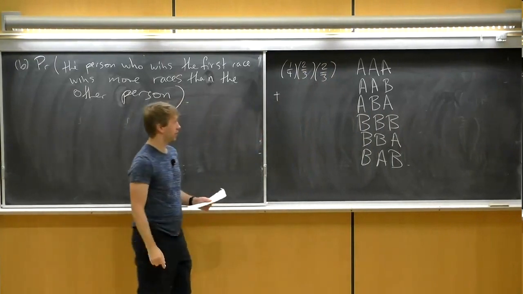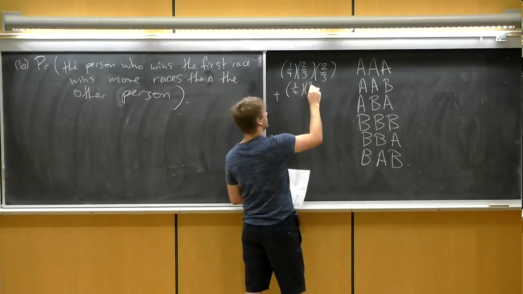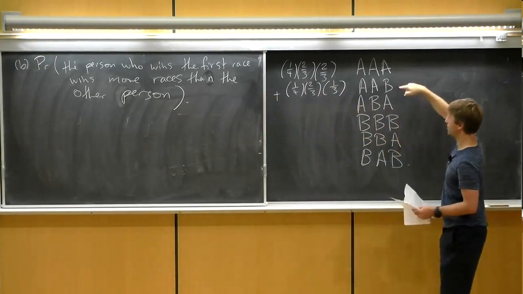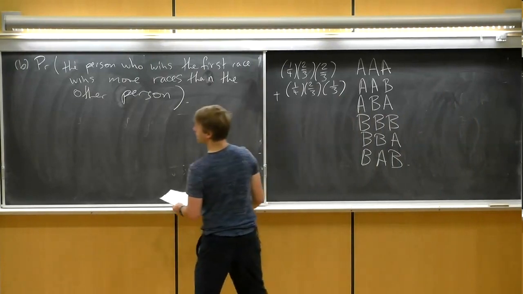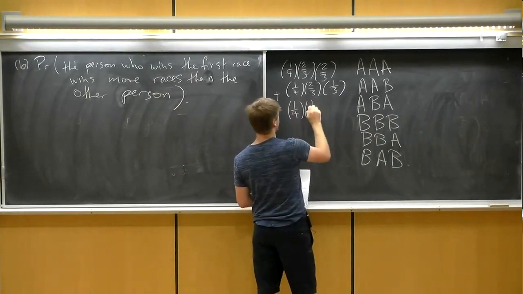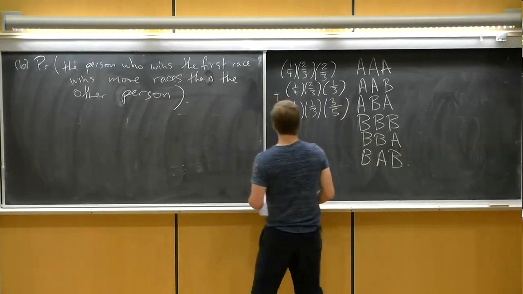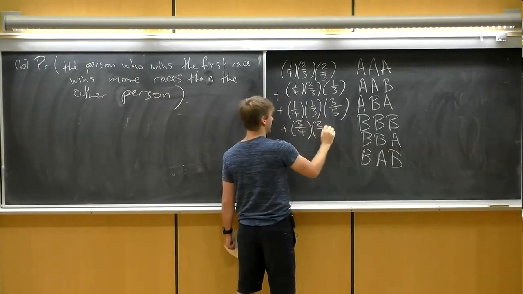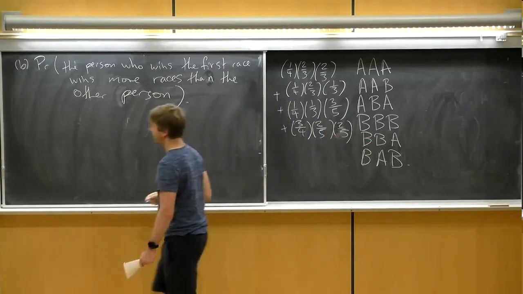Here I've got a quarter, 2/3, 2/3, a quarter, 2/3, 1/3. So these are the same as in the previous one. Actually, the third one's the same as in the previous two. So it's a quarter, 1/3, 3/5. Probability BBB is 3/4, 2/5, 2/5, right?